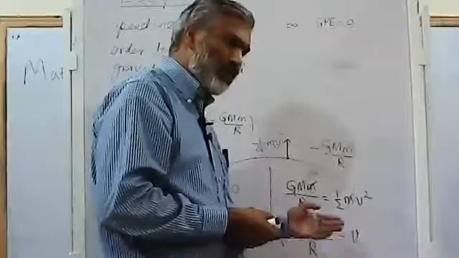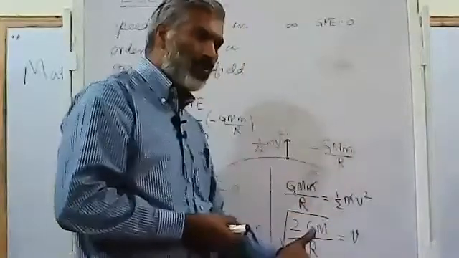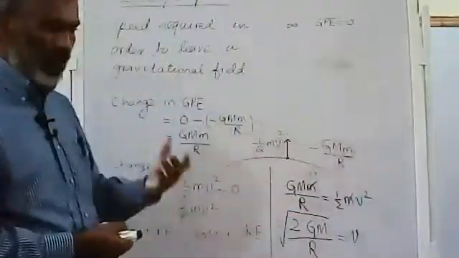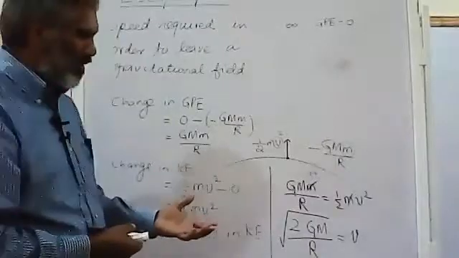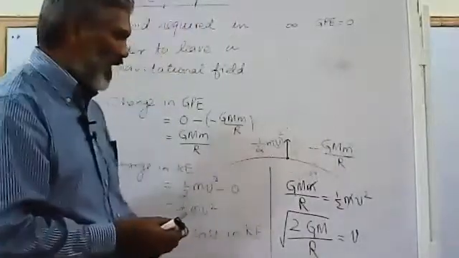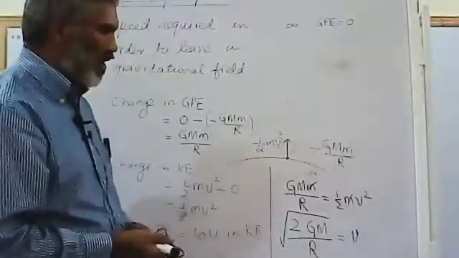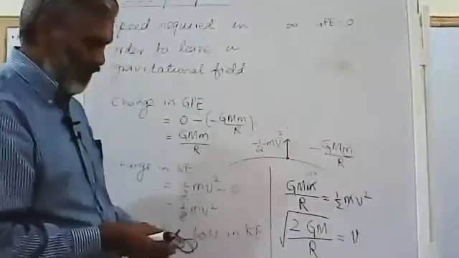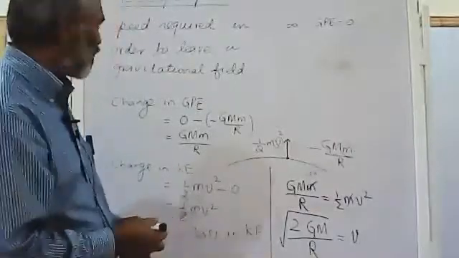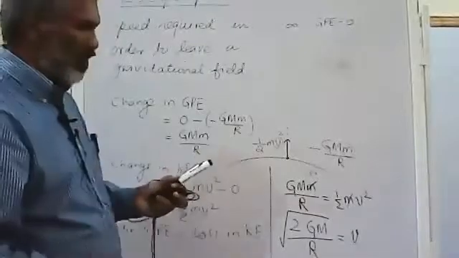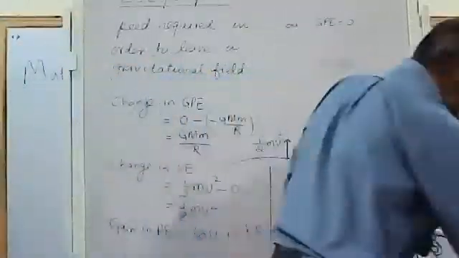That means if you throw an object, a stone or a ball or a rocket or anything with roughly 8 kilometer per second, this object will not be able to come back to the surface of the earth. So this is the idea of the escape speed.